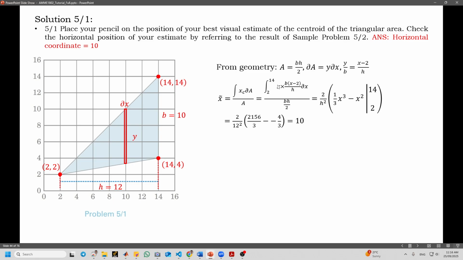And after doing some calculation, you will find this. And then instead of x, you put first 14, and then you put 2, and you will subtract them from each other. Then your answer will be 10. You need to make sure that your xc is one number between 2 and 14. Okay.